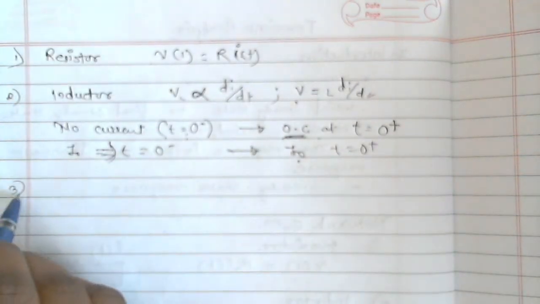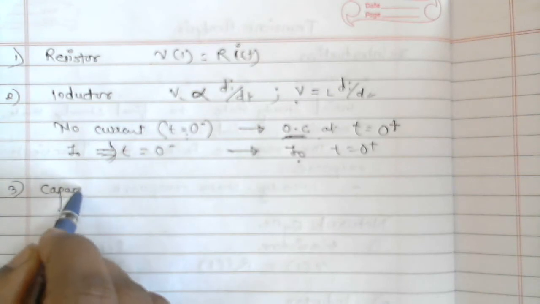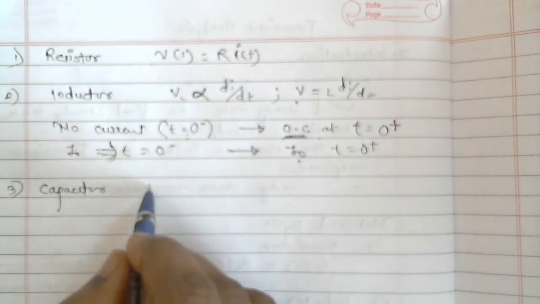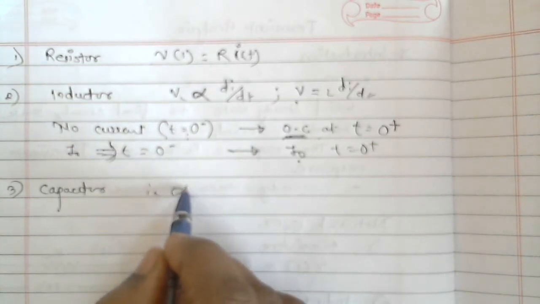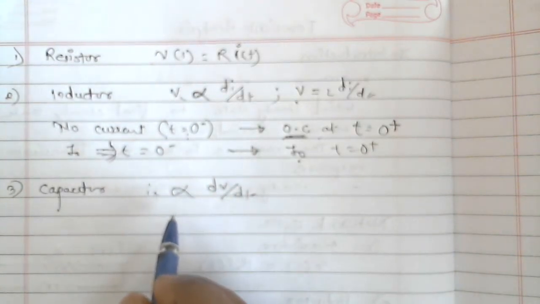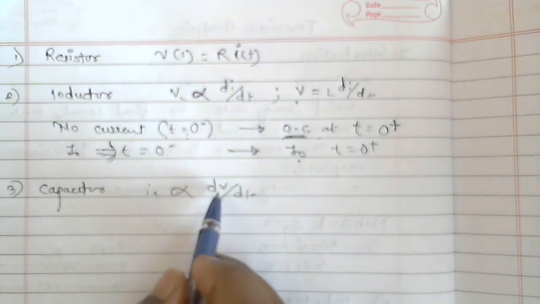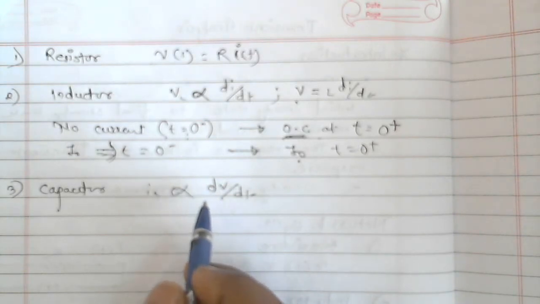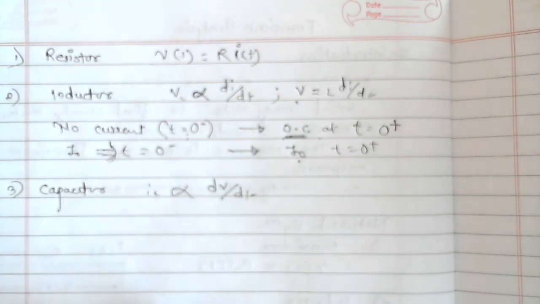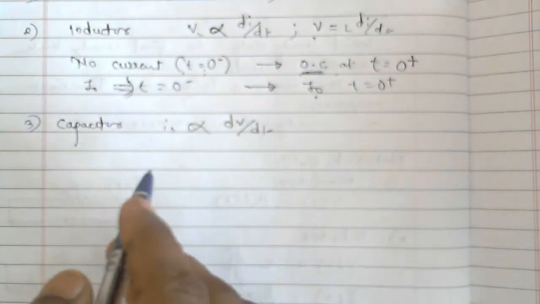Similarly for a capacitor, the current through the capacitor, i_C, is directly proportional to the rate of change of voltage. So it is not possible to change the voltage across a capacitor by a finite amount in zero time, because that requires infinite current through it, which is not possible. So a capacitor opposes abrupt change in voltage, right?